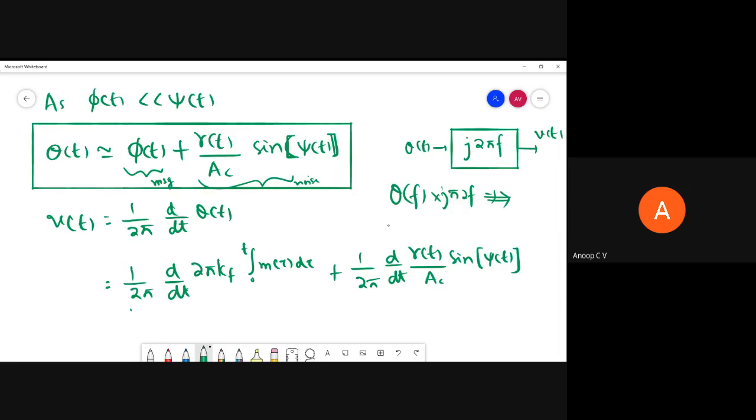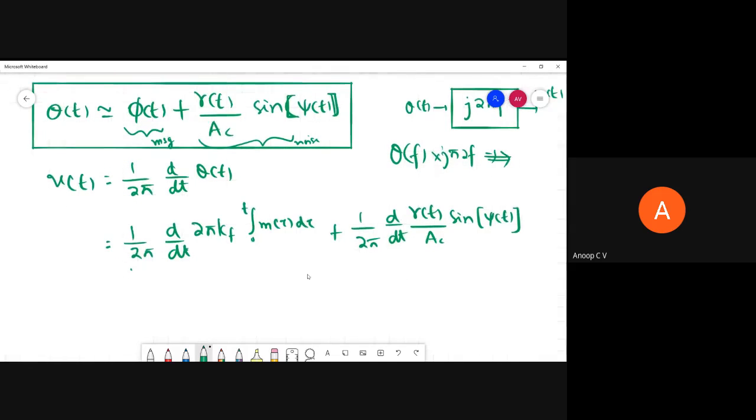So this is what we have now, v of t. Can anyone tell me what is the resultant? It is 1 by 2 pi, and there is 2 pi kf, where kf is a constant. This 2 pi and 2 pi will get cancelled, so kf only will be here. So it will be kf times d by dt of the integral, which becomes only whatever is inside the integral, m of t.